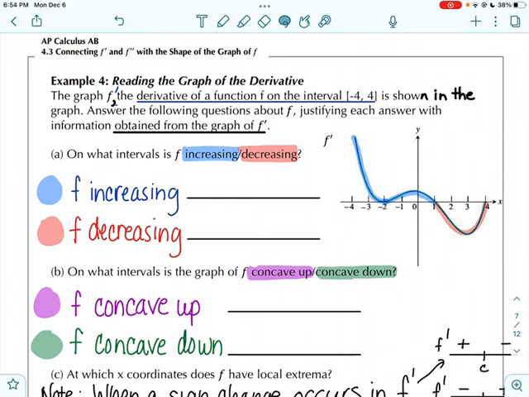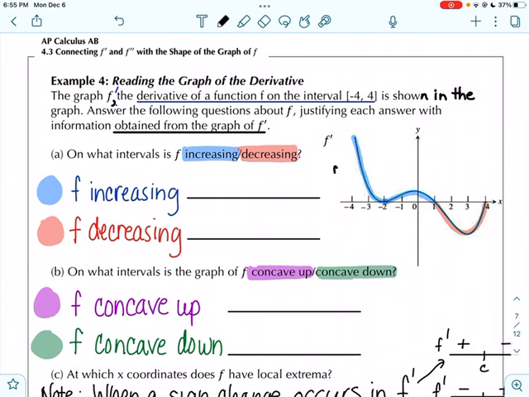First, it says, on what intervals is f increasing or decreasing? You have to remember that if we're going to justify our answer, we have to answer it substantially, not just with "on this given interval." I could do a chart for this, but I've already highlighted the graph. I'm looking at the graph of f prime.